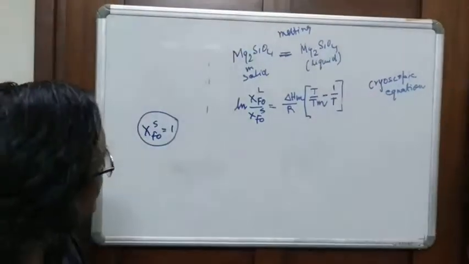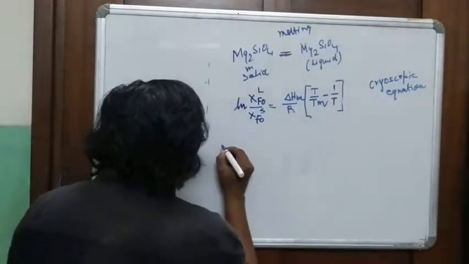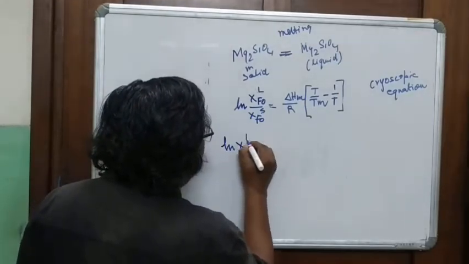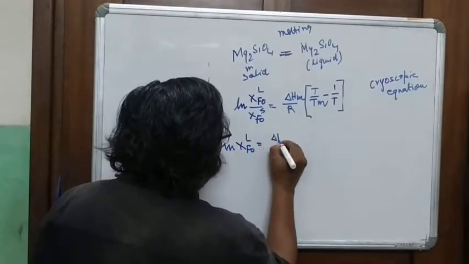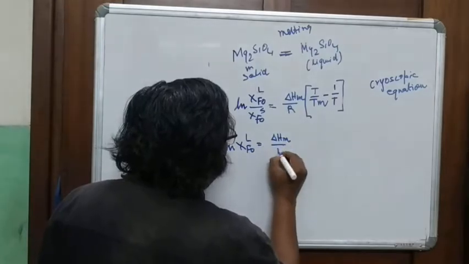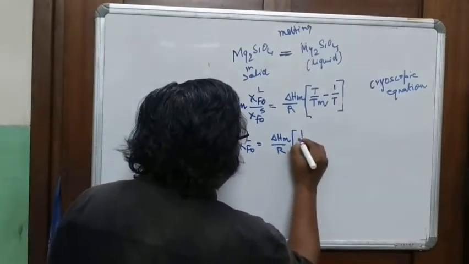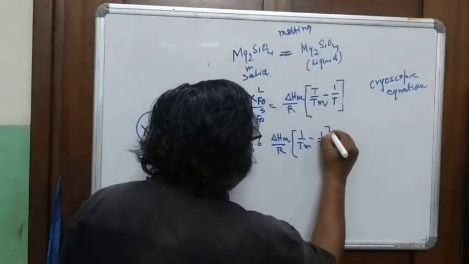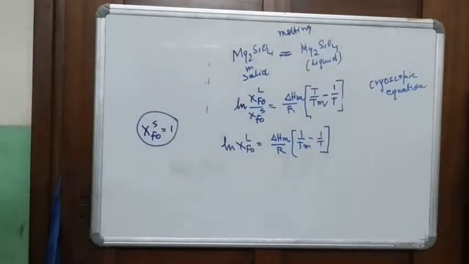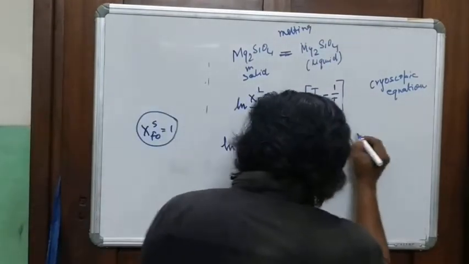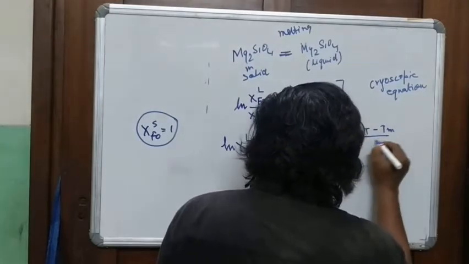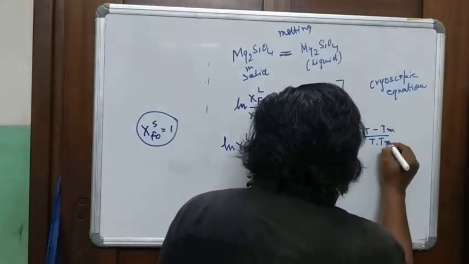But that means for this condition, ln X forsterite in the liquid is equal to delta Hm by R into 1 by Tm minus 1 by T. Now you see here, this can also be written as T minus Tm by T into Tm.